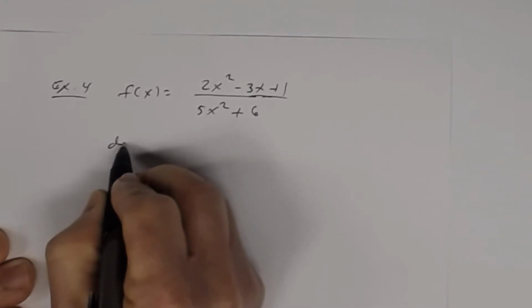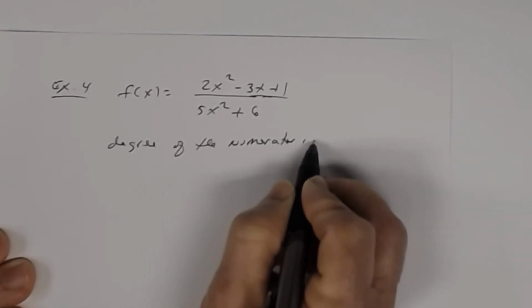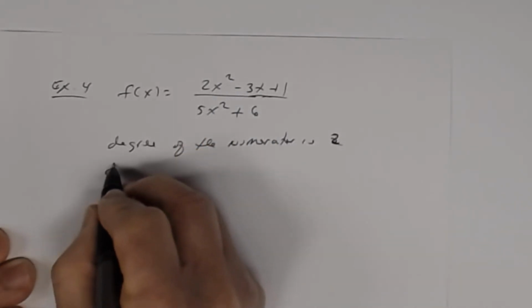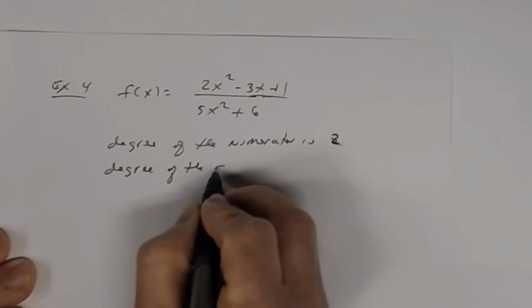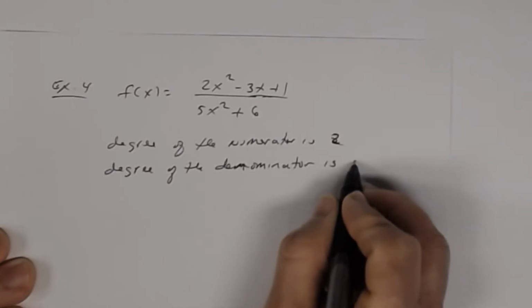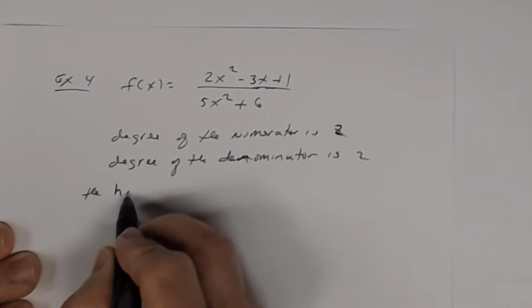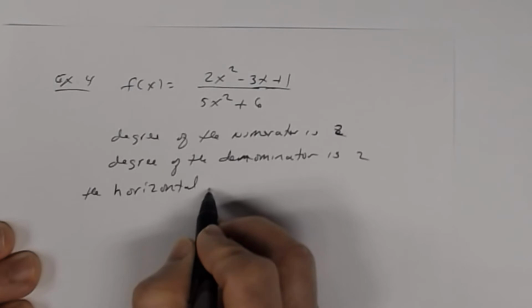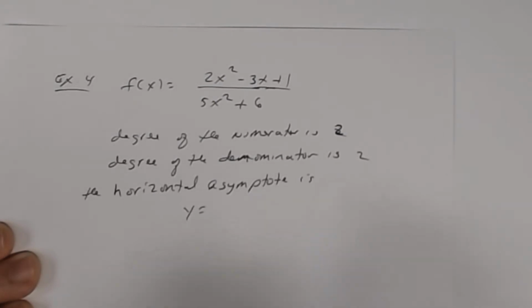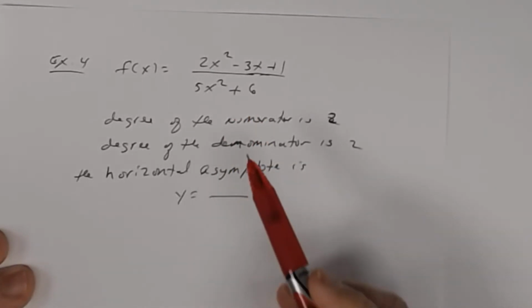So notice the degree of the numerator is 2, the exponent. The degree of the denominator is 2 as well. So the horizontal asymptote is y equals, and all you do is take the ratio of the coefficients of the leading terms.